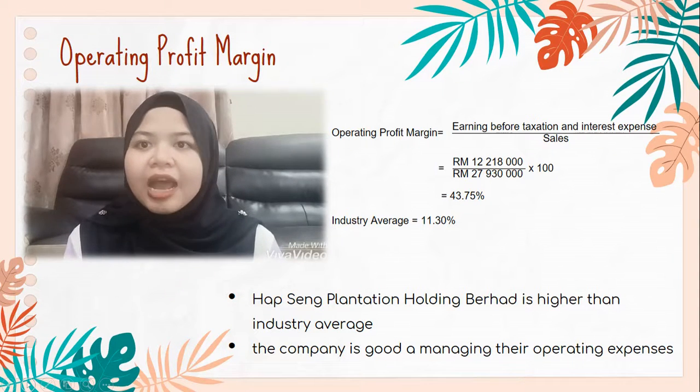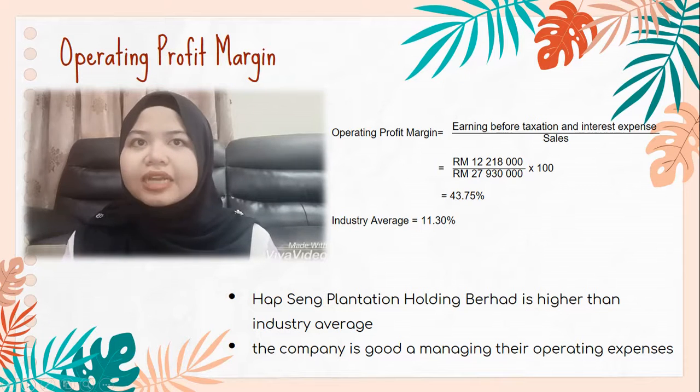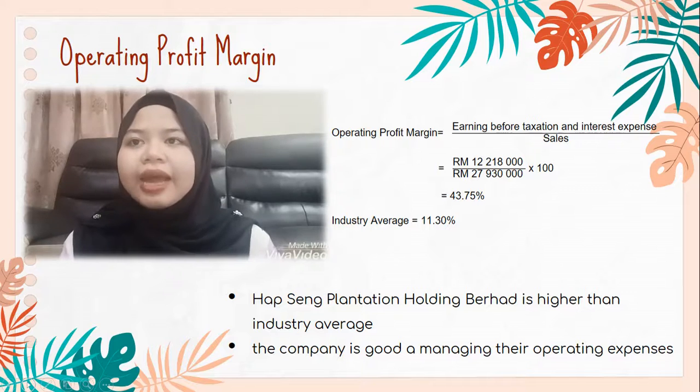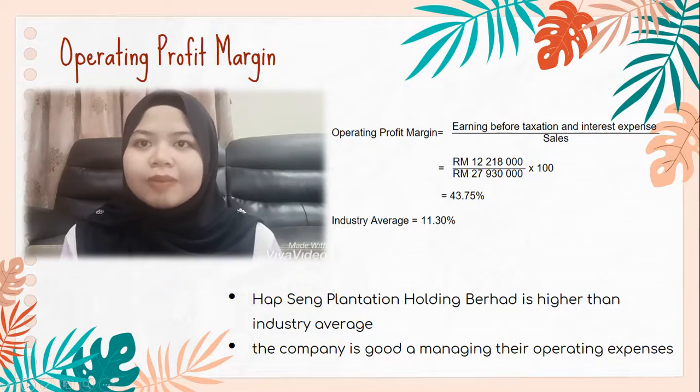Through the ledger, Housing Plantation Holding Berhad can identify how much is spent on key areas such as payroll and material. If the operating expenses are higher than the previous year, this might mean that they need to cut some expenses without affecting the business efficiency in order to improve the operating profit margin.